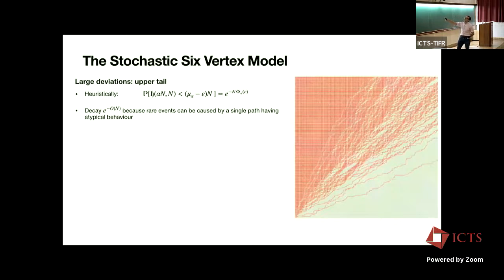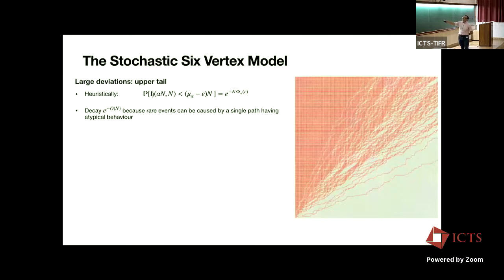So let's consider a situation. How can we realize a situation where the height function grows less than average? The height function here is the number of paths below. So basically we have to construct an event where we have a few paths below a certain point.